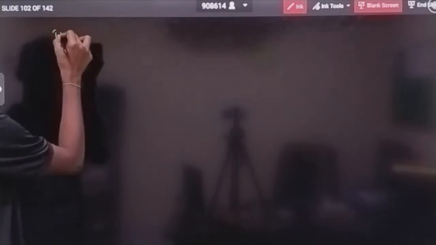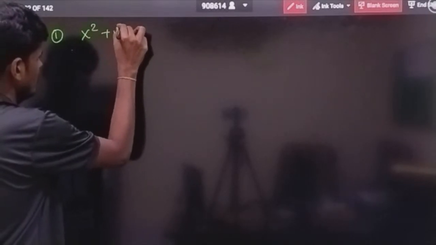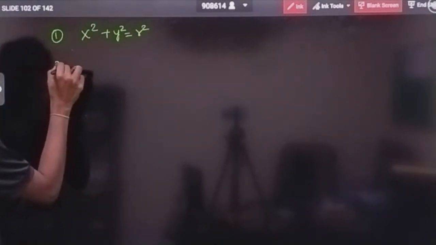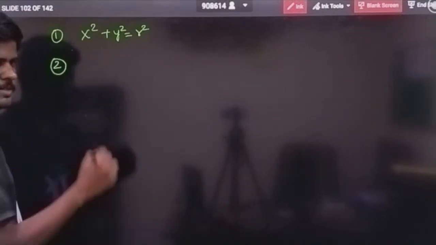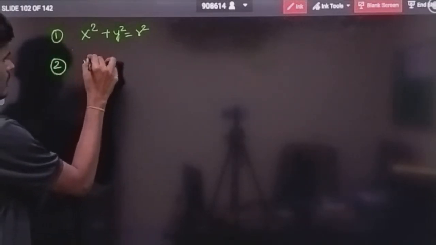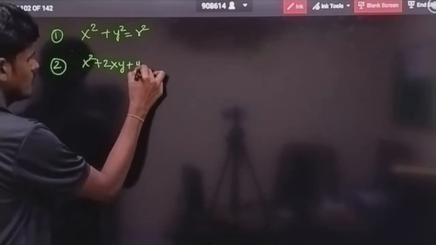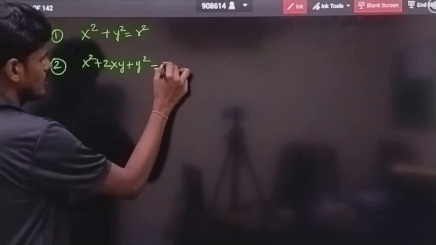We will consider different scenarios. First function, x square plus y square equal to r square. Second function, x square plus 2xy plus y square equal to 0.